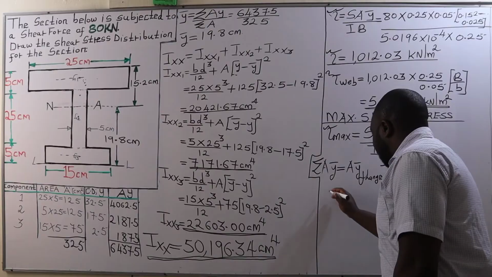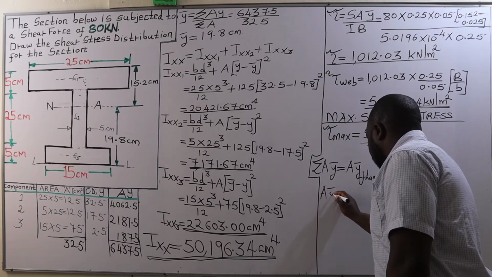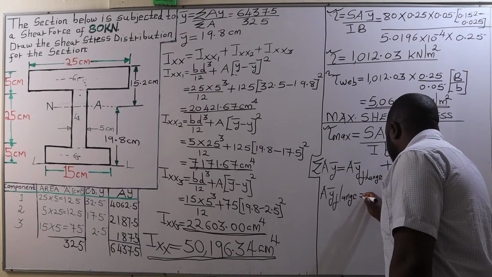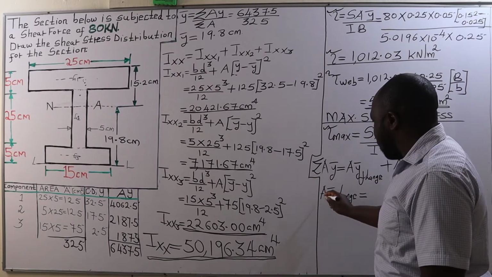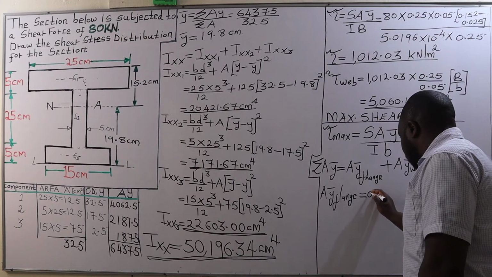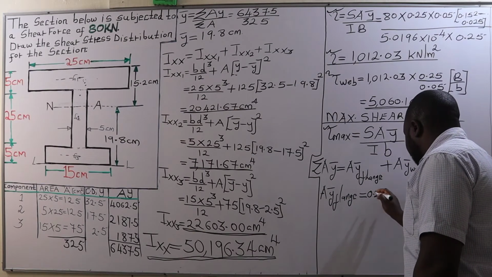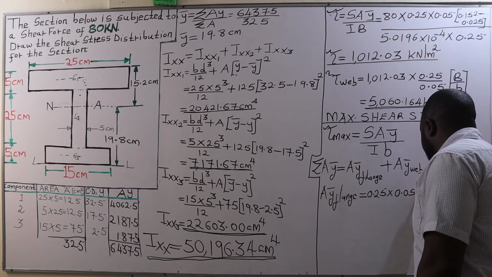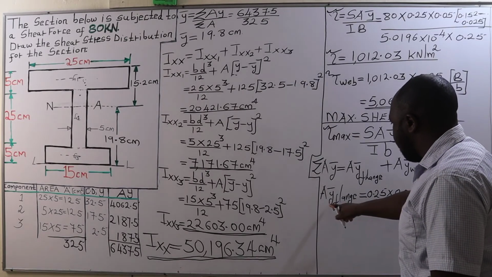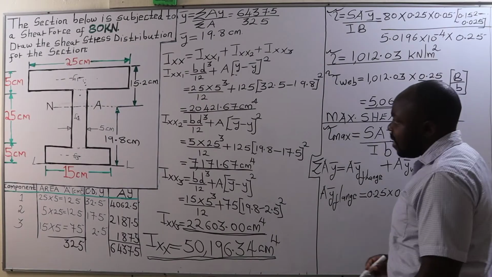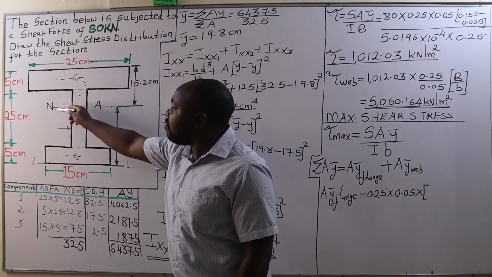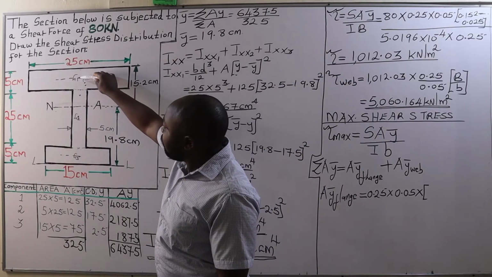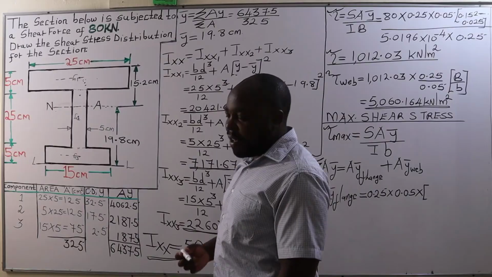Now, A bar Y for the flange will be given by the area of the flange, which is 0.25, that is the breadth, times its depth, 0.05, times bar Y, the distance from G1 to the neutral axis, which in this case is 15.2 minus 2.5, which is half the depth of the flange.